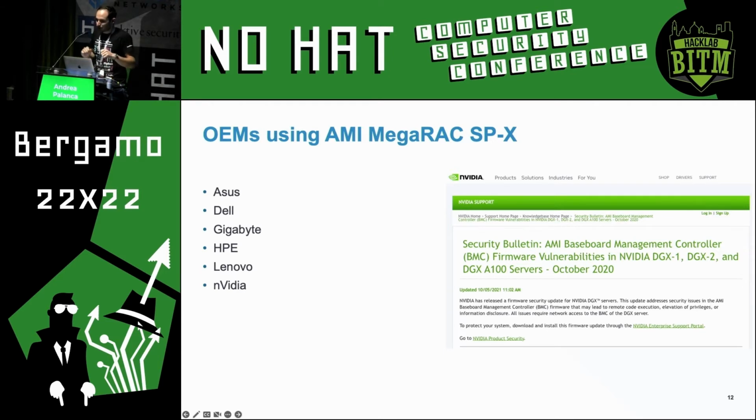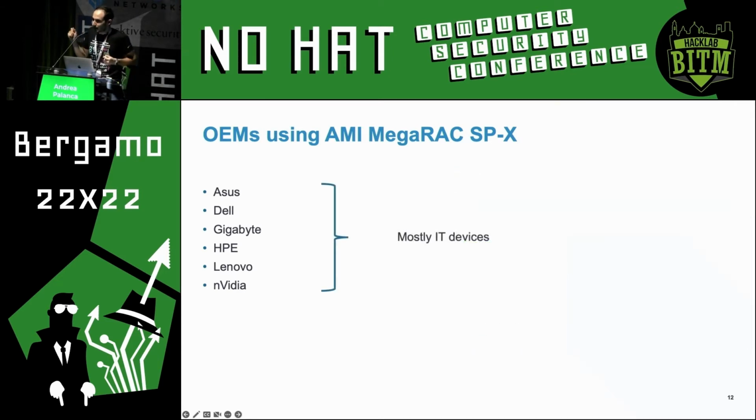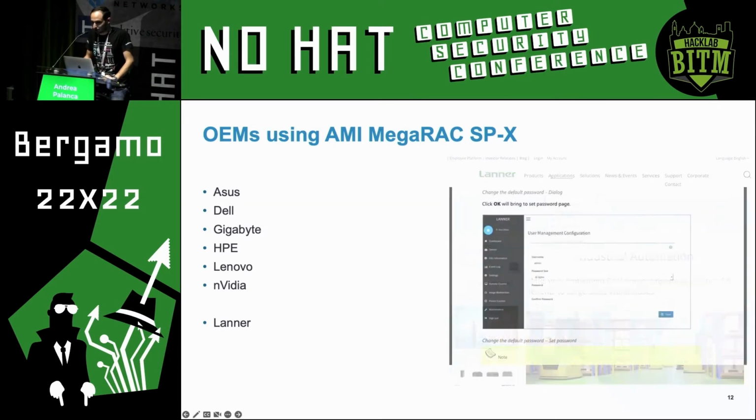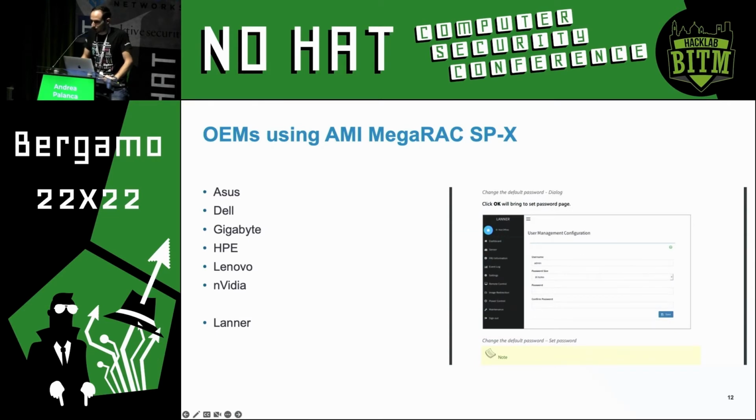But one important thing to mention is that all these OEMs embed BMCs in mostly IT solutions. Recently, this is changing. Here is Lanner. Lanner is a popular manufacturer of embedded and industrial automation solutions. And guess what? If you look at the documentation on its own website, you will find the MegaRAC SPX inside their own product.